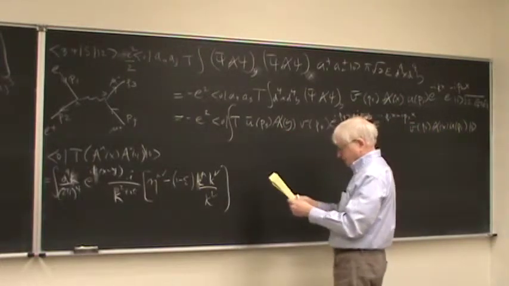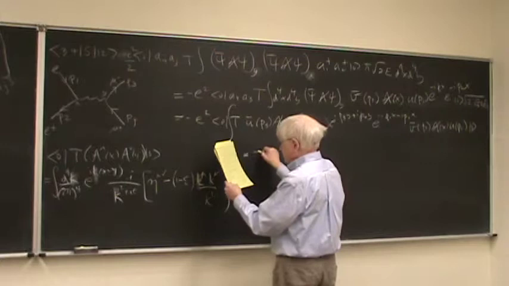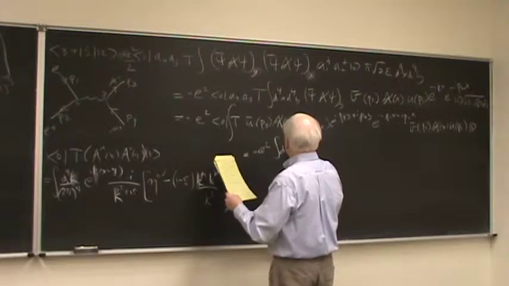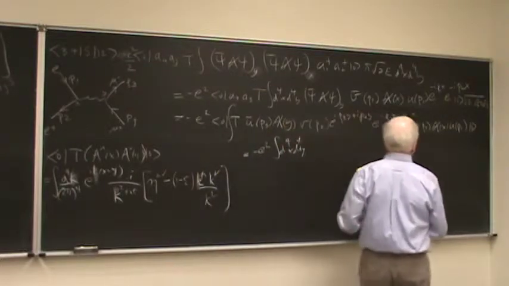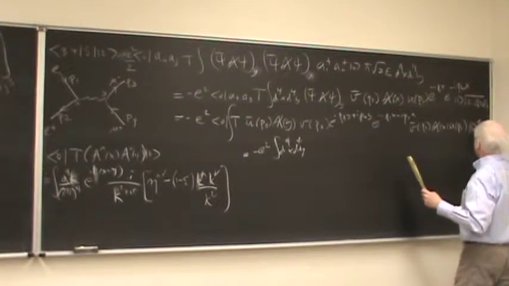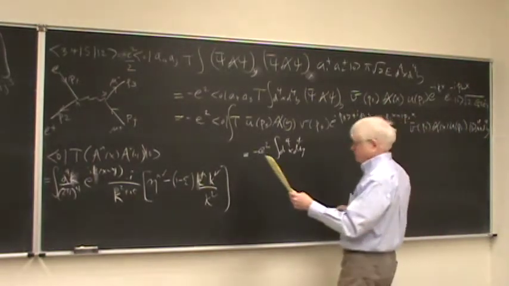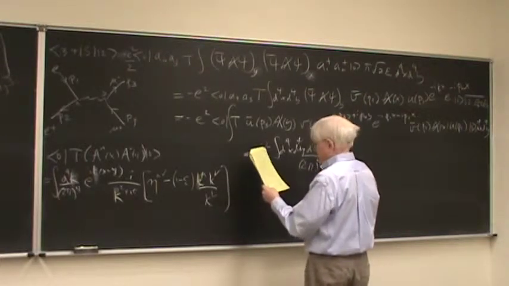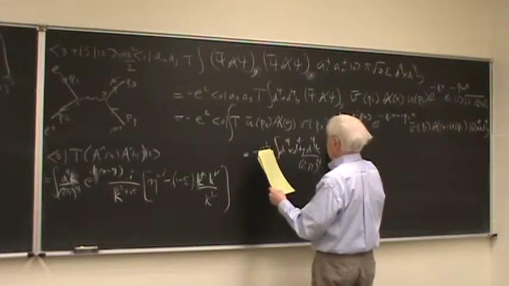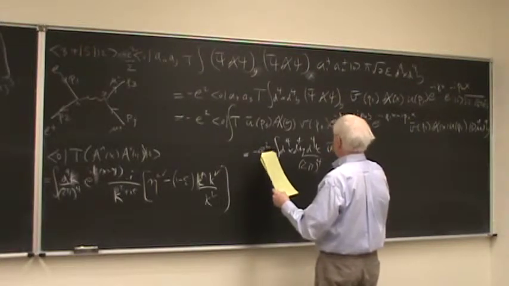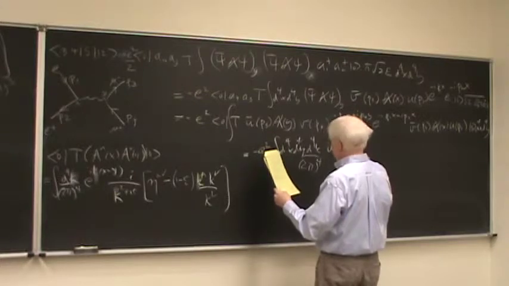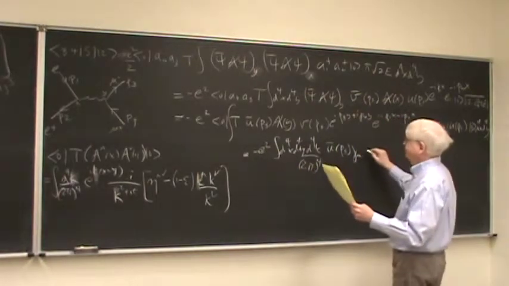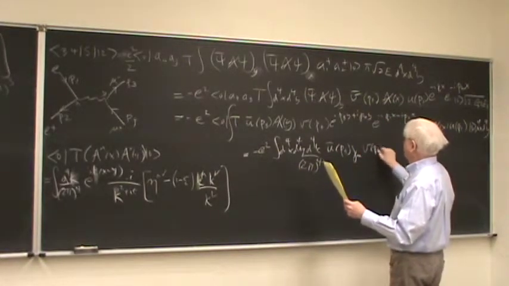And so what we've got here then is minus e squared integral d4x, d4y, and of course I forgot them again, d4x, d4y, d4k over 2 pi to the 4th, and then we have u bar p3, gamma mu, v of p4.